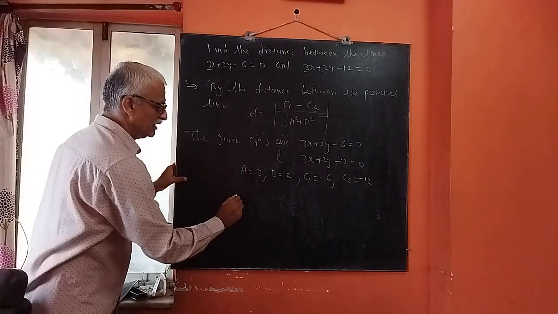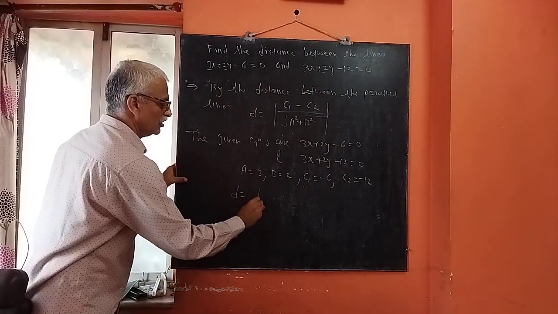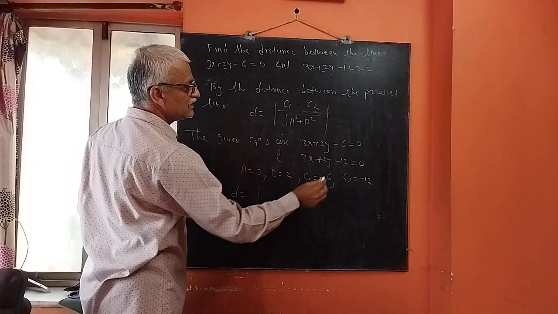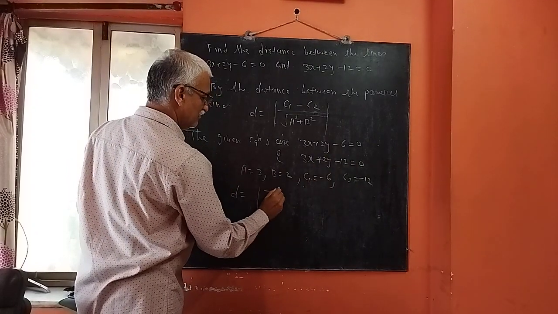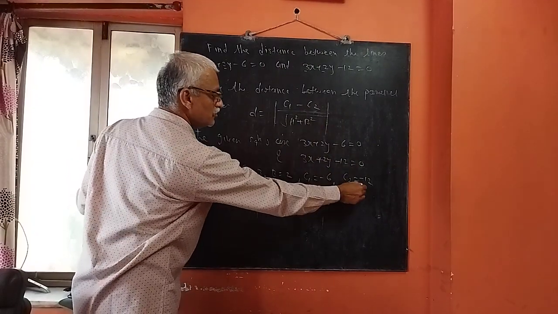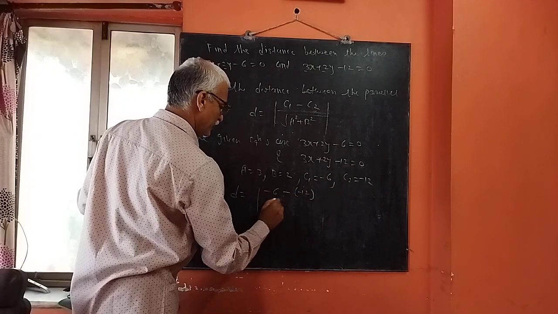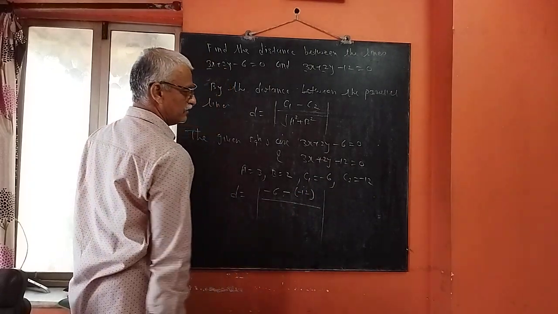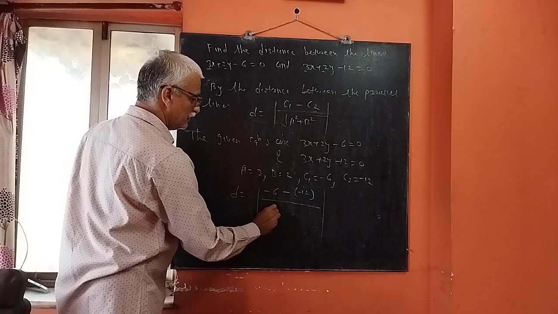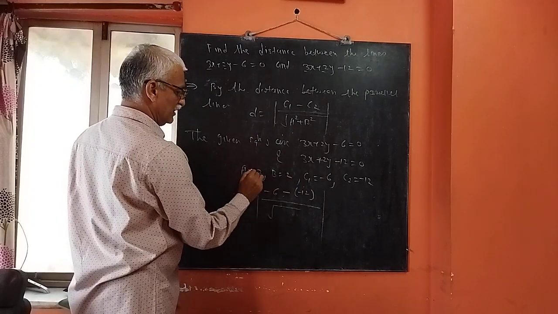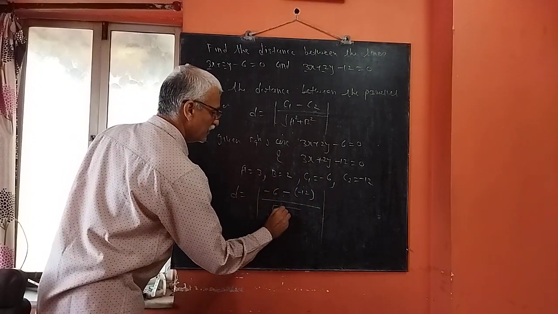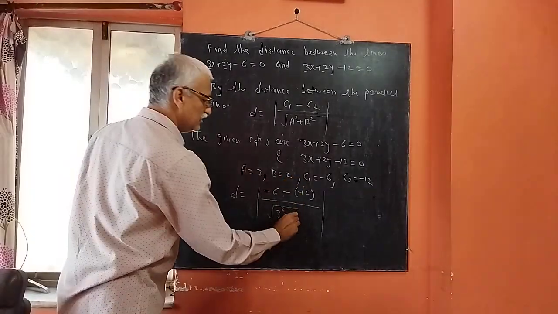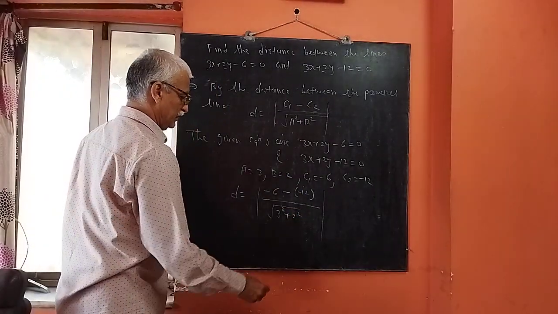Substituting these values here, we will get d equals to mod of c1, that is minus 6, minus c2, that is minus 12, divided by square root of a square, 3 square, plus b square, that is 2 square.